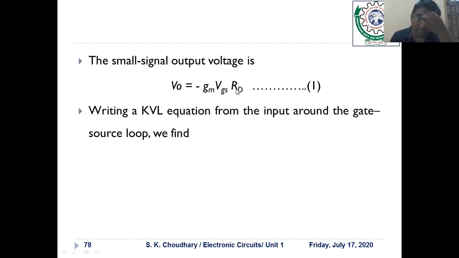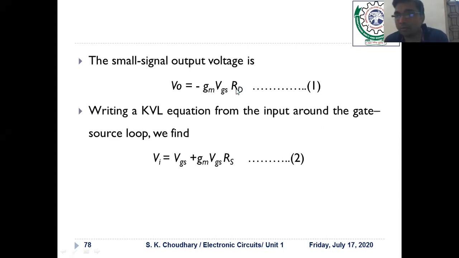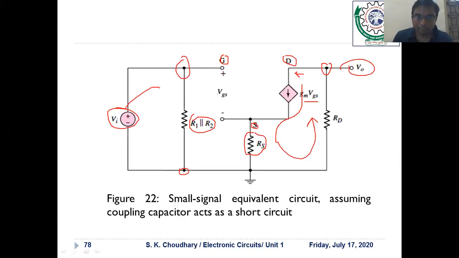Now write the KVL equation from the input around the gate-source loop. We also have to find the value of Vi. Now the value of Vi is changed. It is VGS plus gm VGS RS. How does this formula come? You can see here easily. What is Vi?